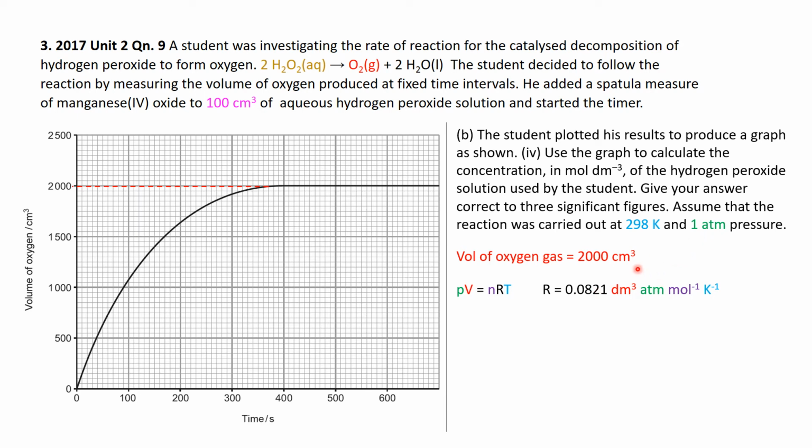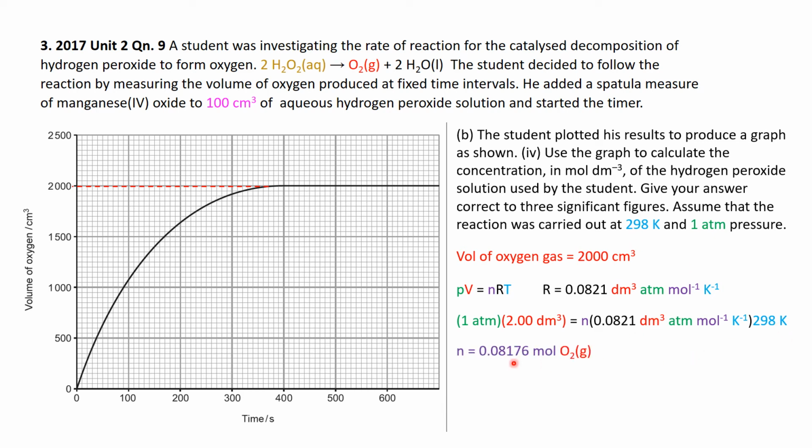But by knowing this useful value of R, I can bypass all that. So 1 atmosphere pressure, 2,000 cubic centimeters, which is 2 cubic decimeters. Moles we don't know, and we're at 298 Kelvin.